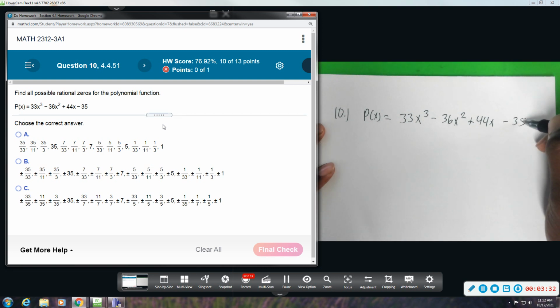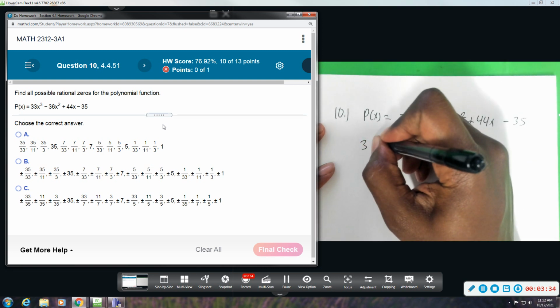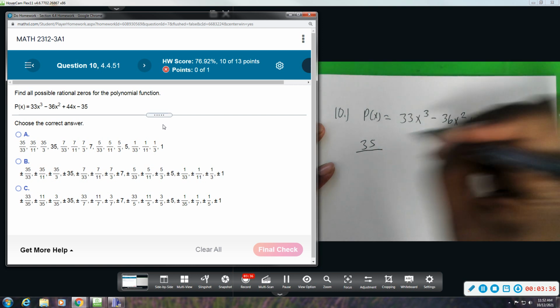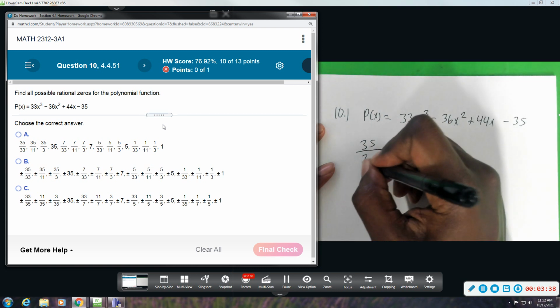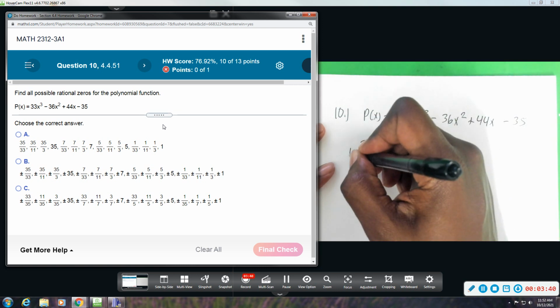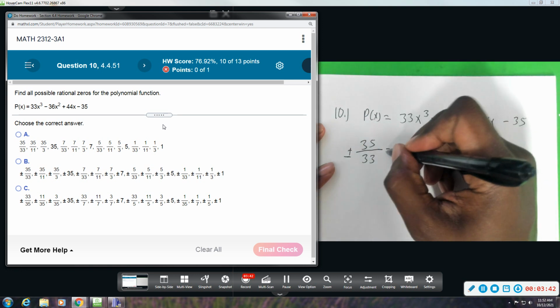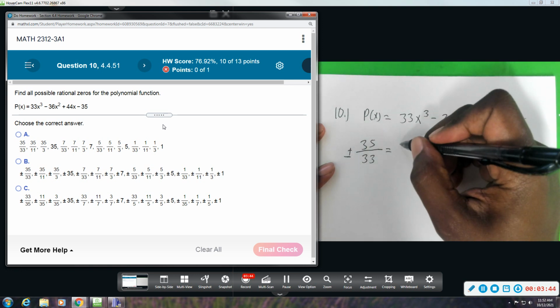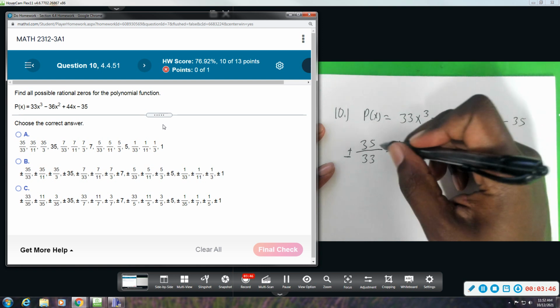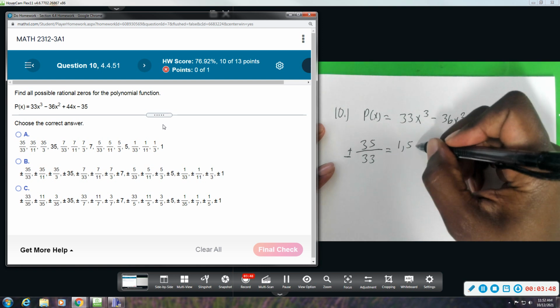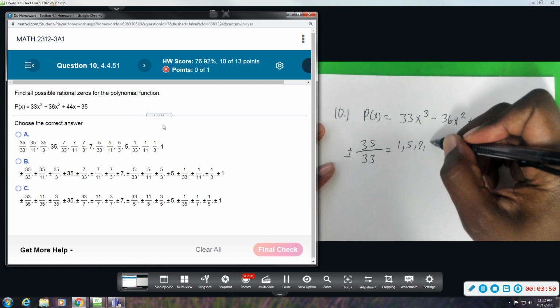So the way I describe it is you take that last number, 35, and you're going to be dividing it and all its factors by all the factors of 33. Consider plus and minus also. So all the factors of 35 will be 1 and 35, 5 times 7, and I think that's it.